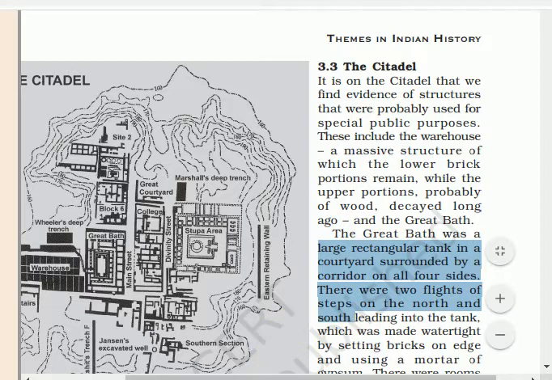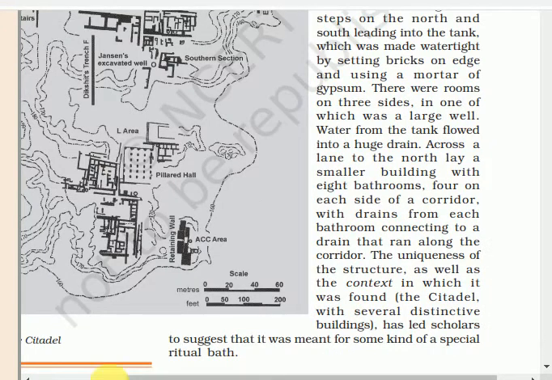It is suggested by the archaeologists that the Great Bath may have been used for some public purpose or occasion. It has two flights of staircases on the north and south side. It was made with bricks.